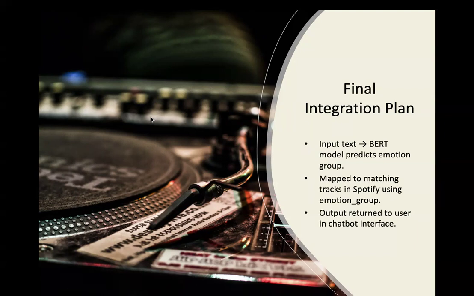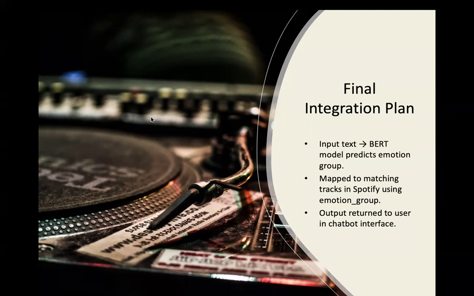We found valence, energy, and danceability are the important features, and we created a column as Vamsi and Yogita told. We will map the BERT emotion to that Spotify emotion, match them, and return the songs for that emotion.